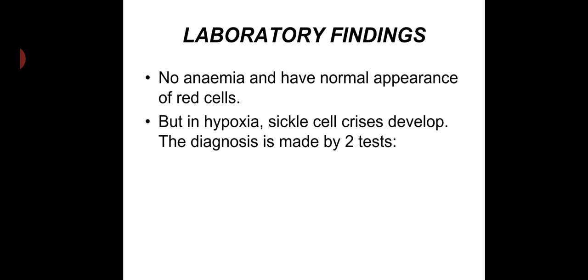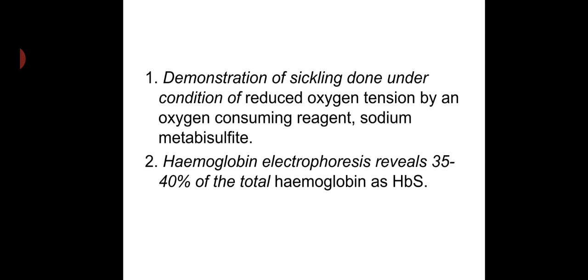Laboratory findings: there is no anemia and they have normal appearance of RBCs, but in a state of hypoxia, sickle cell crisis develops, and the diagnosis is made by demonstration of sickling done under condition of reduced oxygen tension by an oxygen consuming reagent, that is sodium metabisulfite, or you can go for electrophoresis, which reveals 35 to 40% of total hemoglobin is sickle hemoglobin.